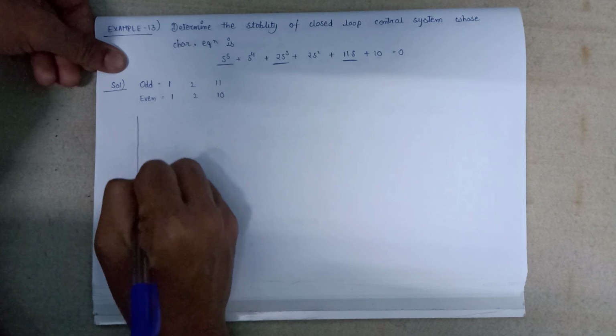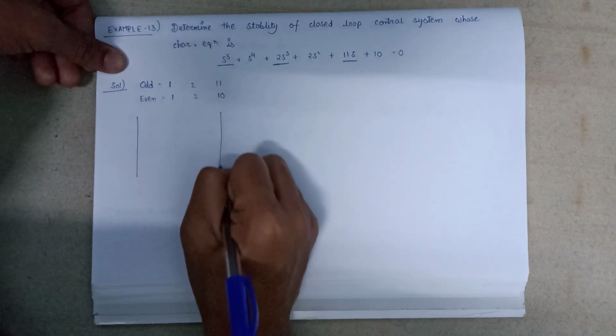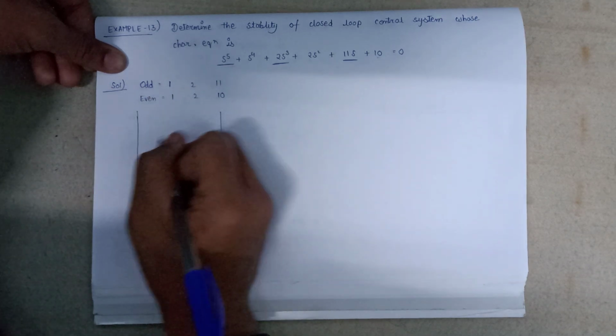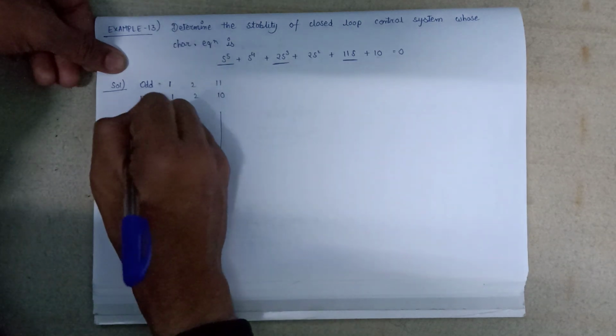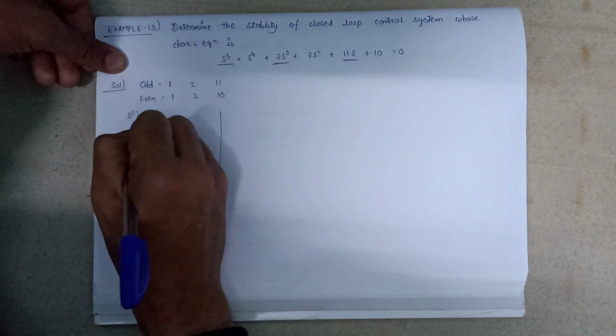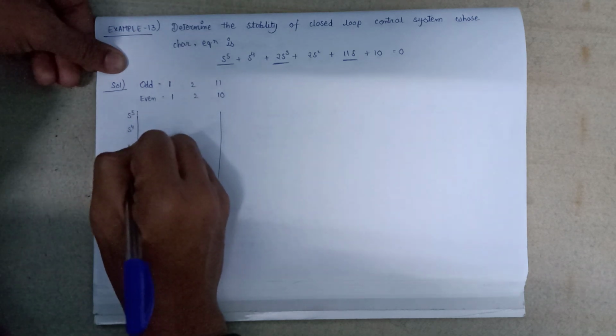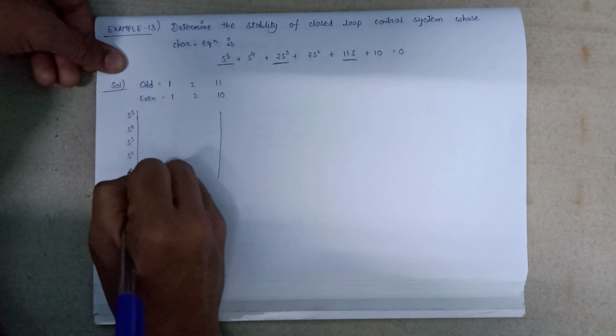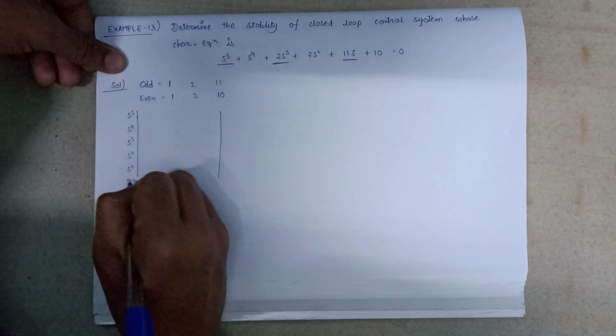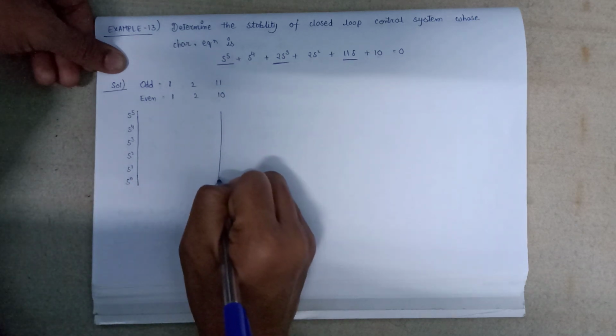Now let's form a Routh array. So here the highest power of s is s to the power 5, then s to the power 4, then s to the power 3, then s to the power 2, s to the power 1, s to the power 0.